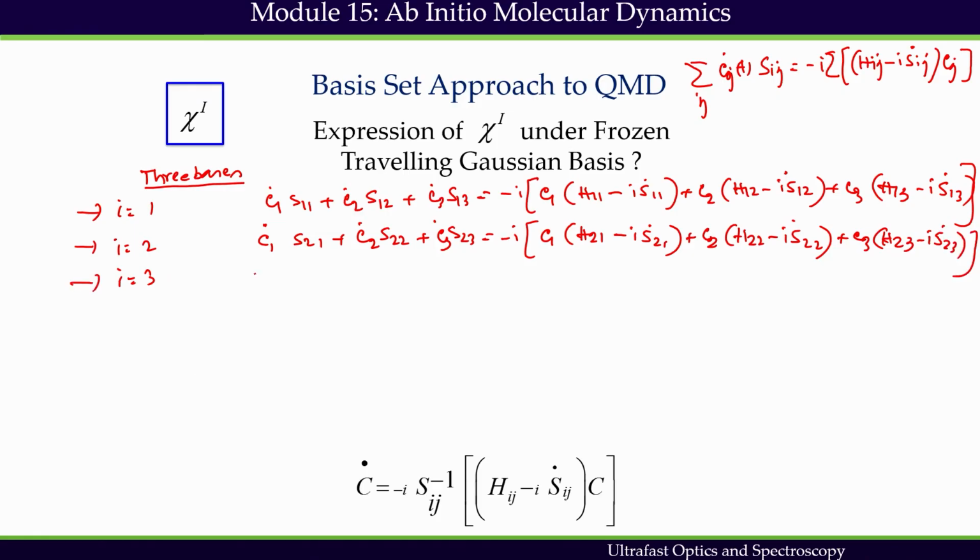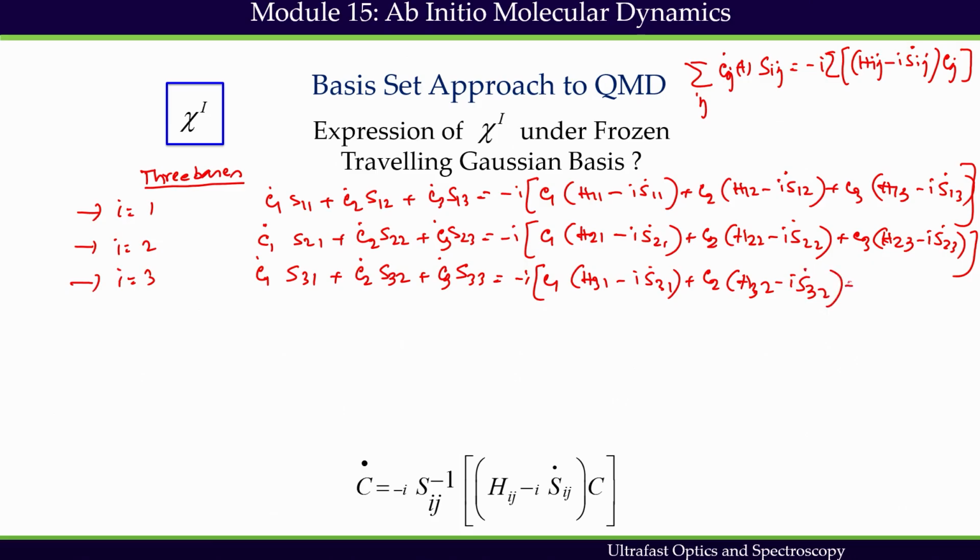Similarly, for I equals 3, I get C1 dot S31 plus C2 dot S32 plus C3 dot S33 equals minus I into C1 H31 minus I S31 plus C2 into H32 minus I S32 dot plus C3 into H33 minus I S33 dot. So these are the expressions we get.